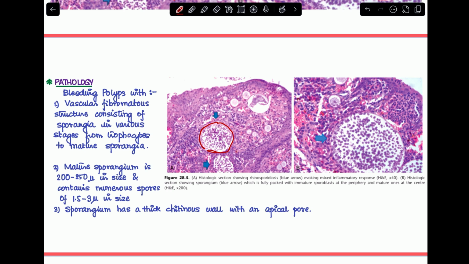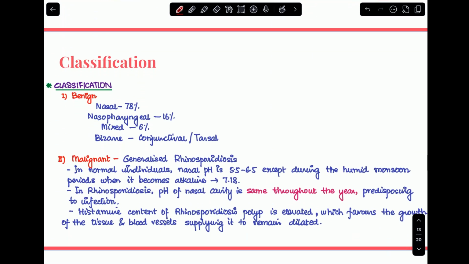Next, let's move on to how do you classify the disease? I've mentioned in the beginning that this disease can also take a malignant form. When I say malignant, I don't mean cancerous, but rather a disease which has disseminated throughout the body and leads to systemic involvement. So, you can classify rhinosporidiosis into benign and malignant.